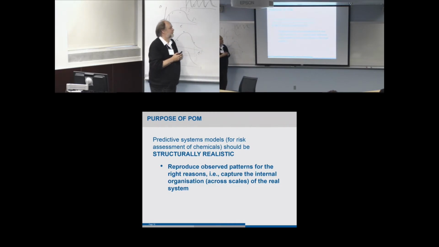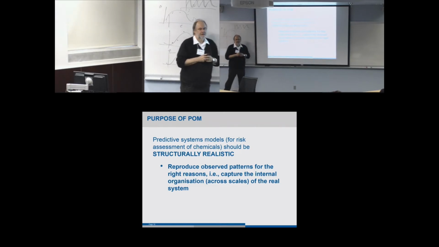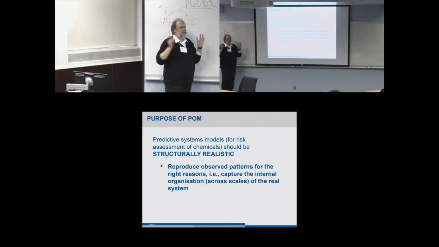They capture the internal organization across scales of real systems, instead of just taking some mechanism which is partly right and partly wrong, and then tweaking the parameters of the other submodels to make it look good on paper, when it doesn't actually capture the system very well. The Ptolemaic model of the solar system made perfect predictions of the movement of the planets, but it was just wrong. It violated other principles.